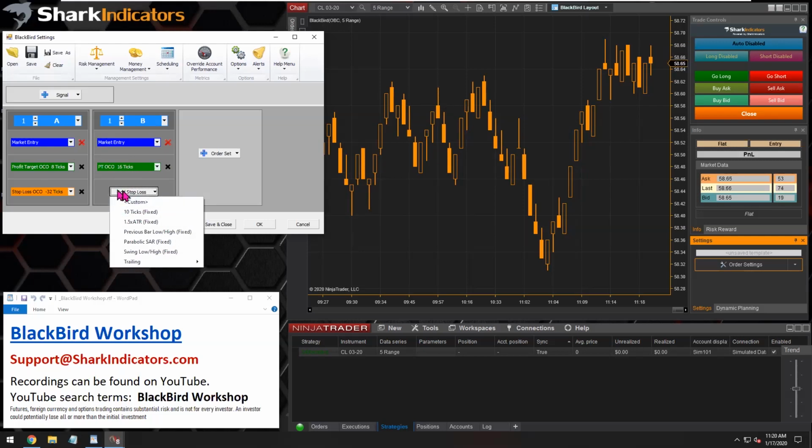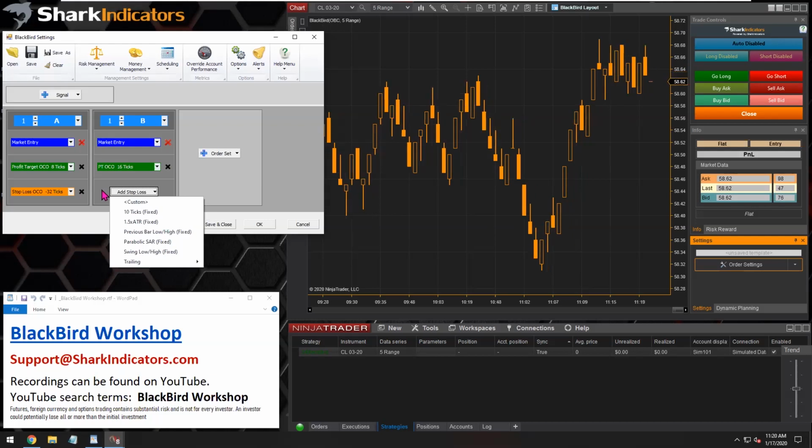All right, so the stop losses. Richard wants the stop losses to match each other, but currently Bloodhound doesn't have the ability to match other order prices yet.